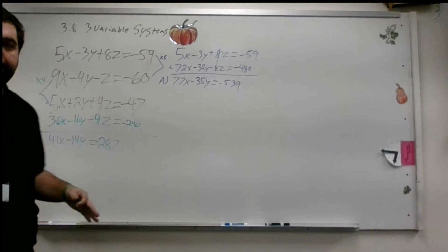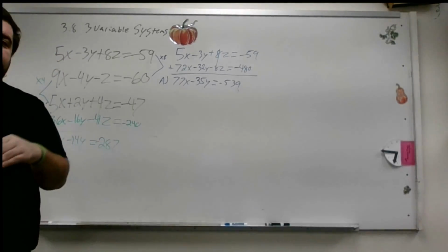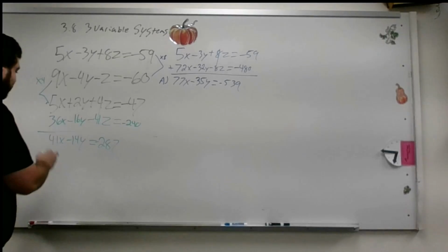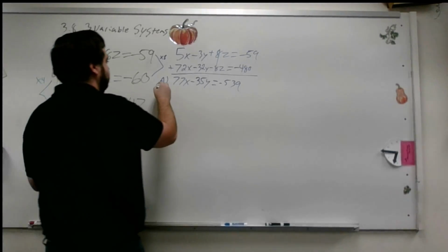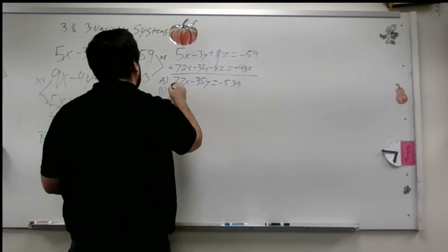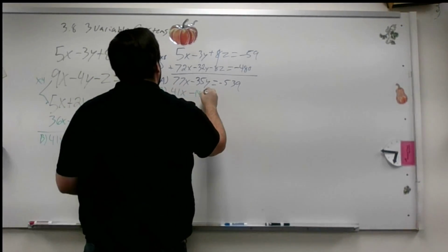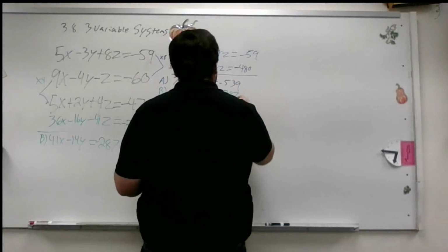Remember, a negative minus a negative is just add them together, make it negative. So, now call this equation B. If I put A and B as a system, I get 31x minus y, equals -7.